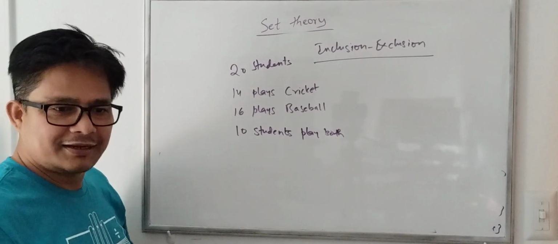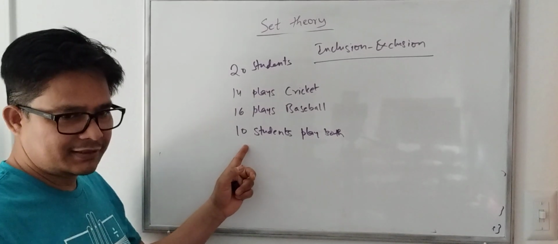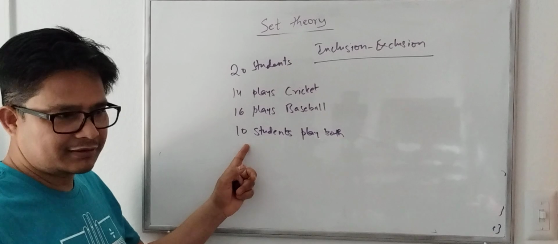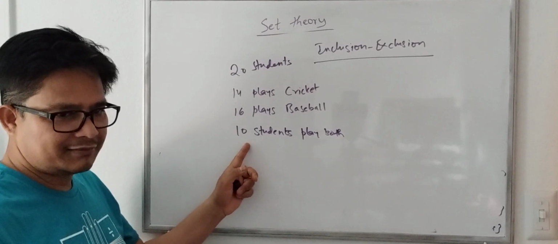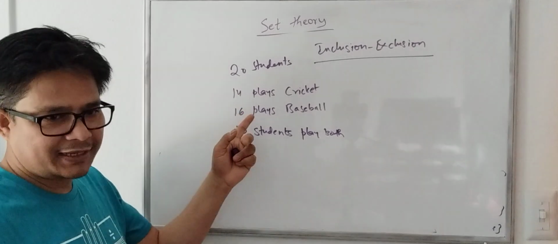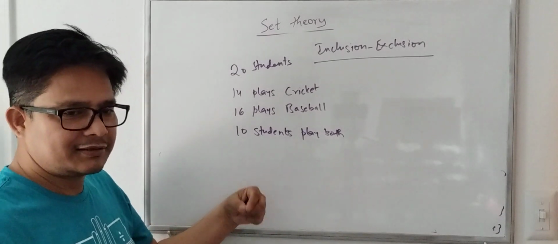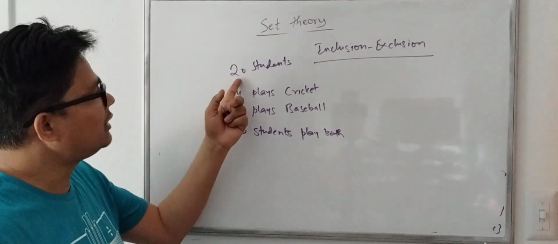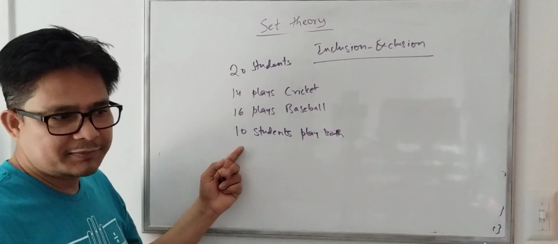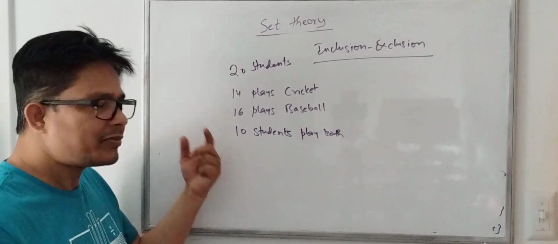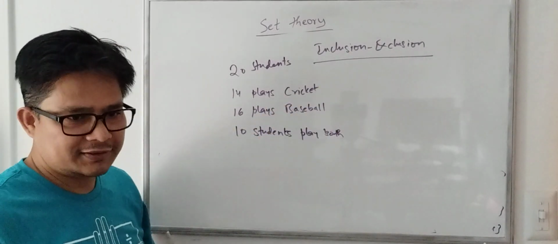You saw this type of question in, I think, the counting round, right? Asking like some students are playing some game, some students playing some other game, and some total number of students. What is the number of students playing both the games? So this is called inclusion and exclusion.